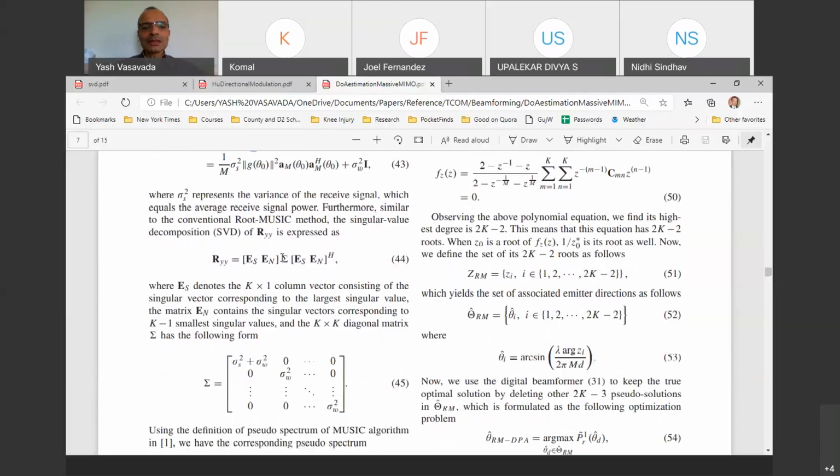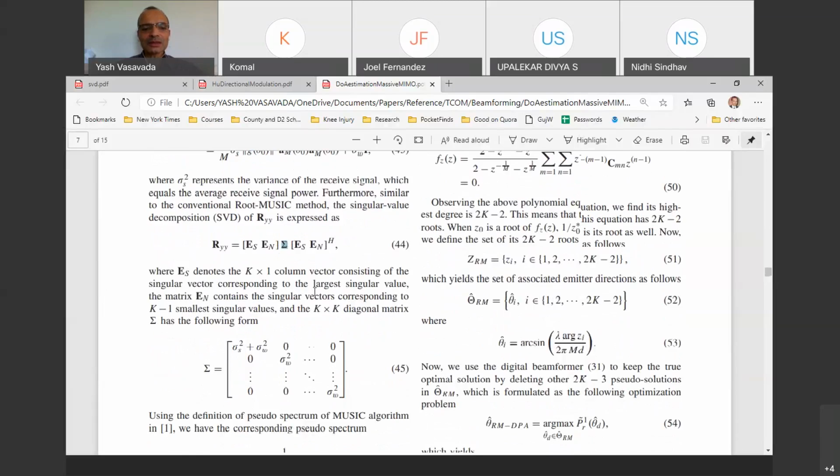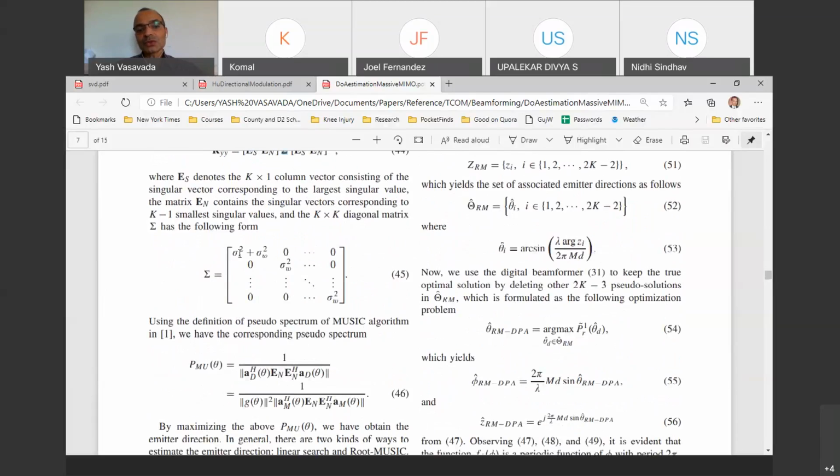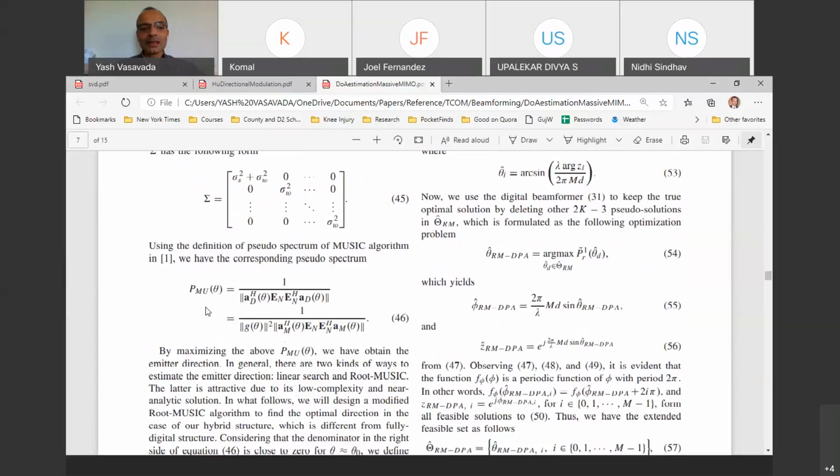Then this is where they're doing the singular value decomposition. Because they have only one source, in the singular value decomposition, all the eigenvalues will be equal to the variance of the noise. There will be only one eigenvalue which will be stronger, which is shown by this matrix. And this is the MUSIC pseudo spectrum that we have seen.